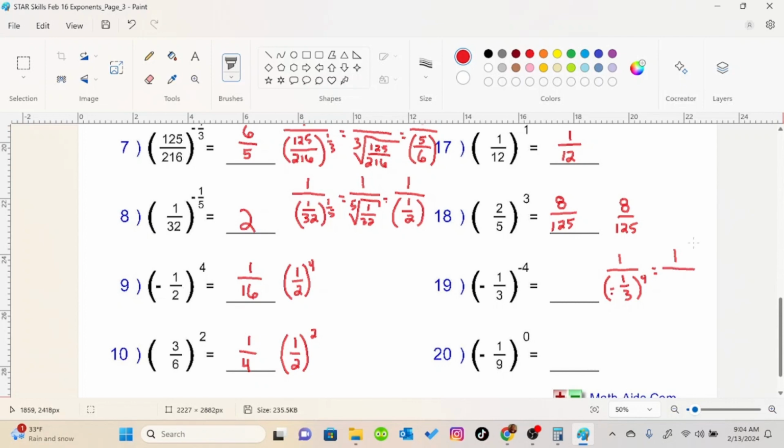A negative raised to an even power becomes positive. 1 to the 4th power is 1, and 3 to the 4th power is 81. Dividing by a fraction is the same as multiplying by the reciprocal. The reciprocal of 1 over 81 is 81, and 81 times 1 is 81.